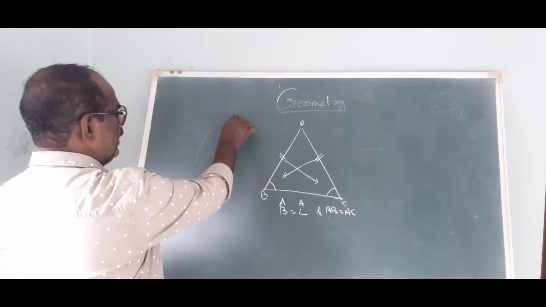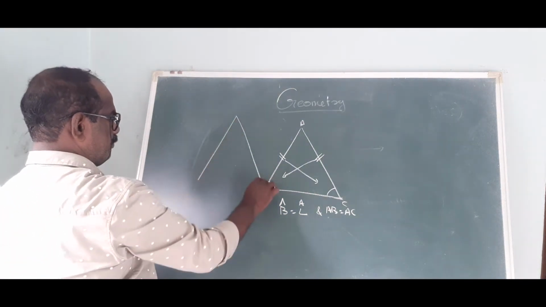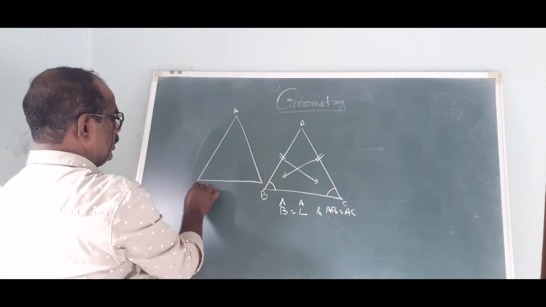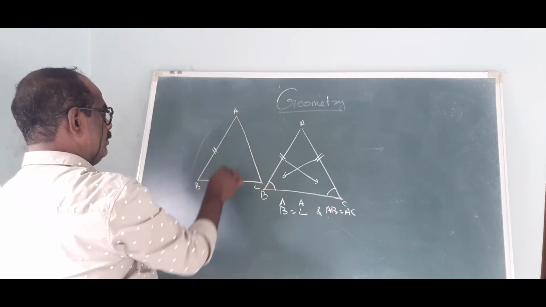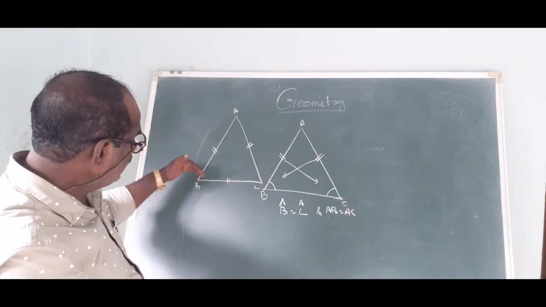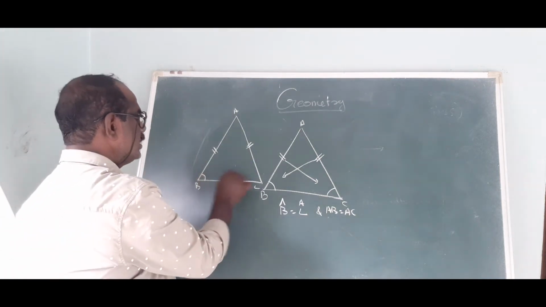Similarly, we can draw an equilateral triangle. Equilateral triangle means three sides are equal. That means AB, BC, AC are equal. Then the three angles are equal.